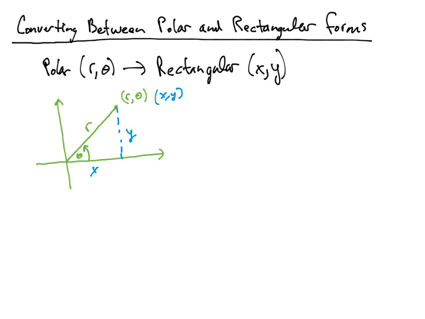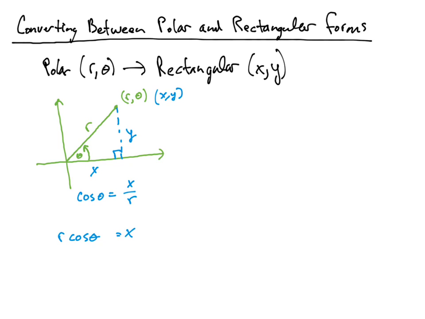To find x, I have an angle theta and this is a right angle, so we can use the cosine ratio. Cosine of theta is equal to adjacent over the hypotenuse, so x is going to equal r cosine theta.